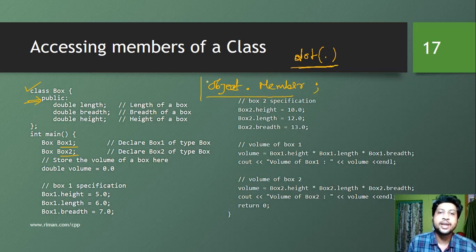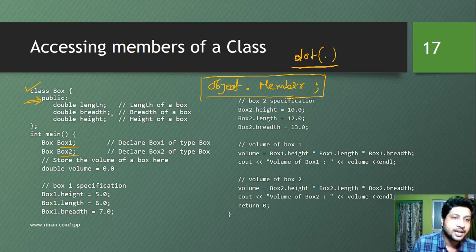This is how we can access a particular member of a class through the object of that class. That means to access the length, breadth, and height of this class Box, we have to create objects of class Box, which can be used to access the length, breadth, and height.